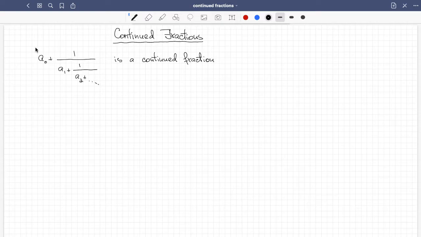We restrict that general vague definition to a very narrow one. So for the purposes of our discussion, a0 is an integer. a0 may be positive or negative, and all ai's with i starting from 1 and further are positive integers.